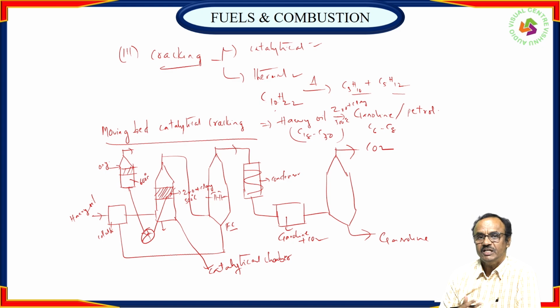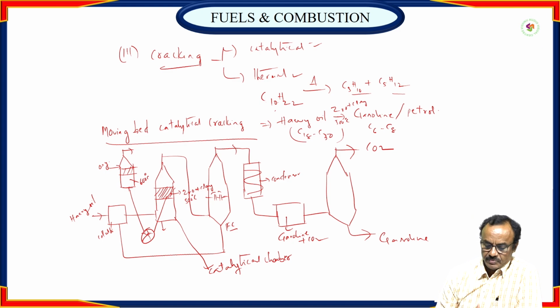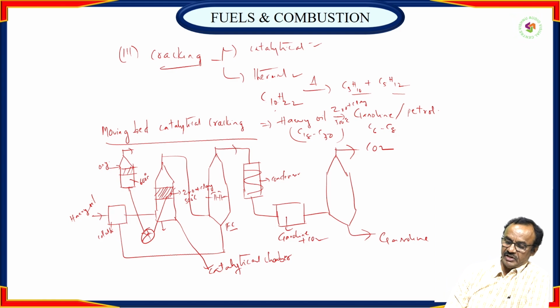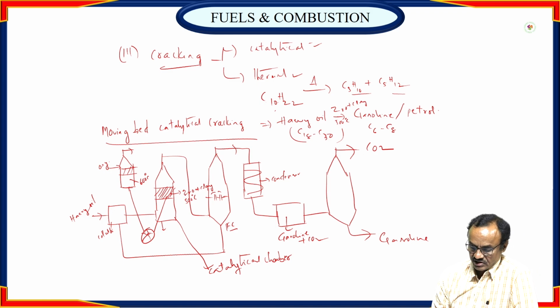Let me explain the sequence of steps. First, pour this heavy oil, the raw material that we use to obtain gasoline through cracking. For cracking, pour this heavy oil into the catalytic chamber, where temperature is maintained at 500 degrees centigrade in presence of catalyst zirconia and clay.